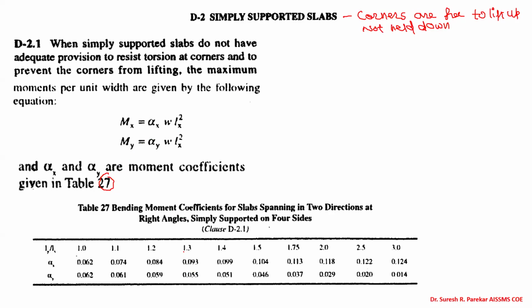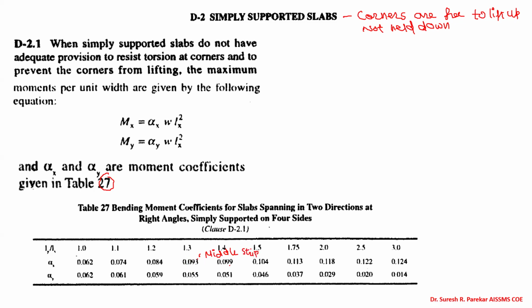Now here you can see we do not have a value of negative moment, because we have simply supported. So we have only span moment, that is positive moment, which we have to provide in the middle strip.